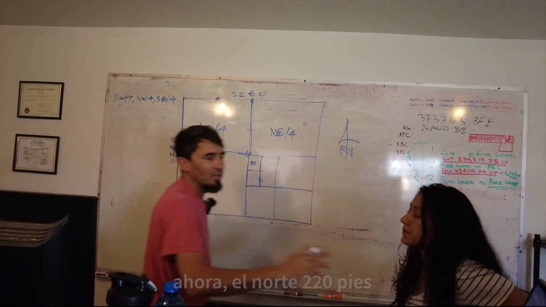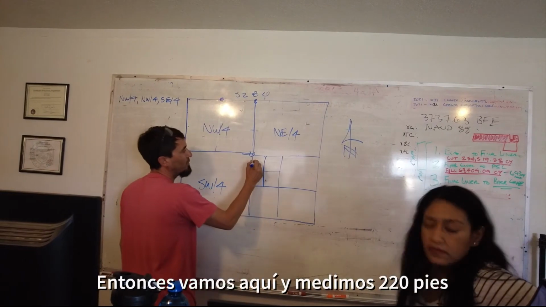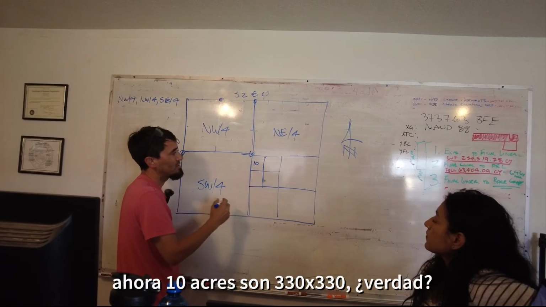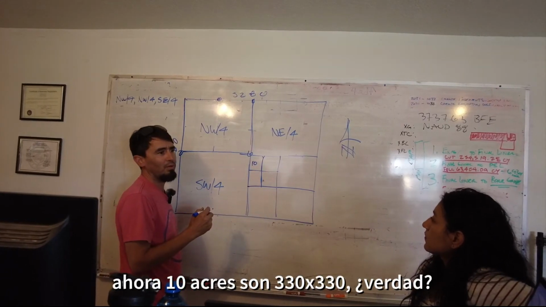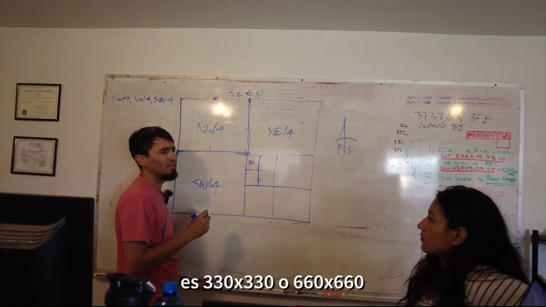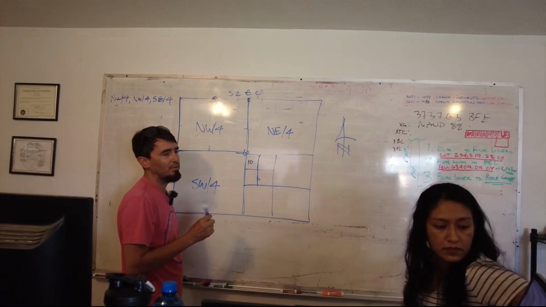Okay, now the north 222 feet. So then we go over here and we measure down 222 feet. Now a 10 acre is 330 by 330, right? Do the math on that. It's either 330 by 330 or 660 by 660.